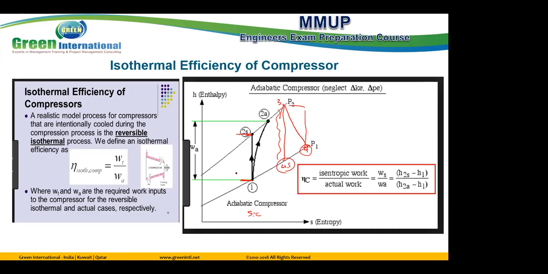By the way, the equation is the same: efficiency is isentropic work divided by actual work.